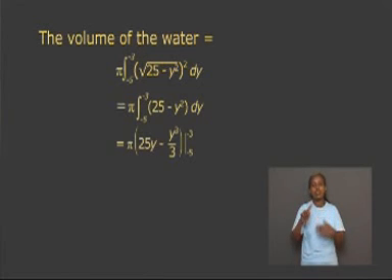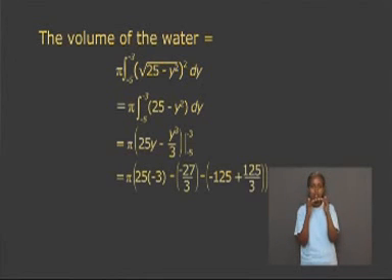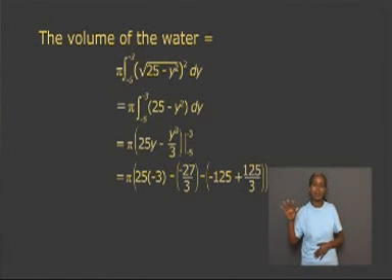When we integrate the equation, it equals pi times 25y minus y cubed over 3, evaluated at y equals -3. So, when we substitute -3 into our equation, we find pi times 25 times -3 minus -27 over 3, minus -125 plus 125 over 3.